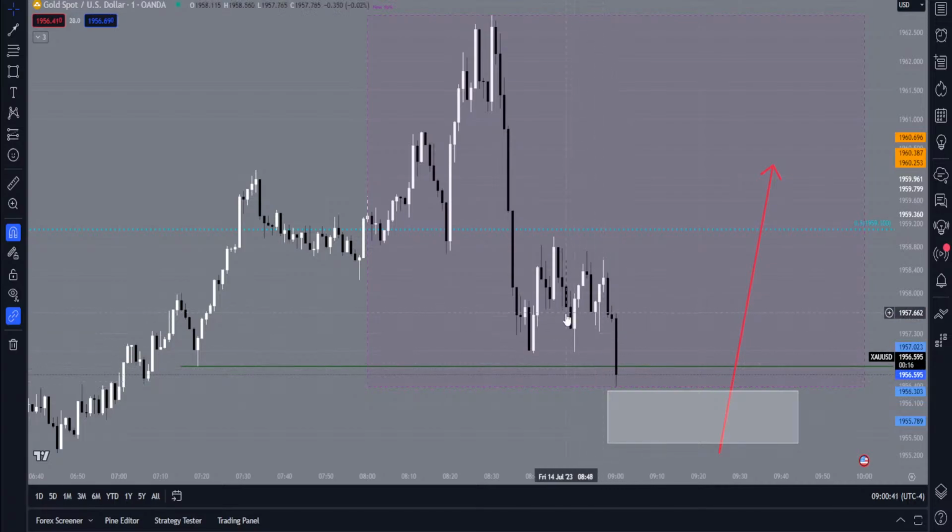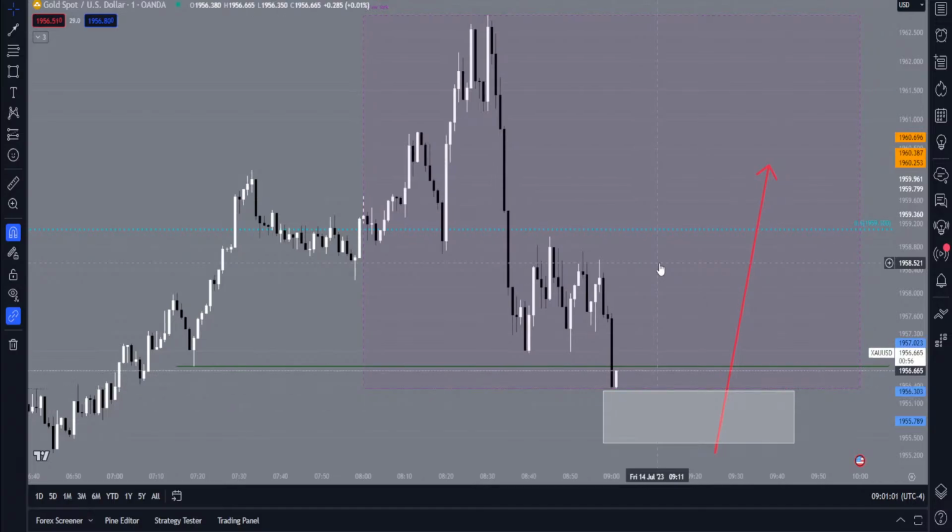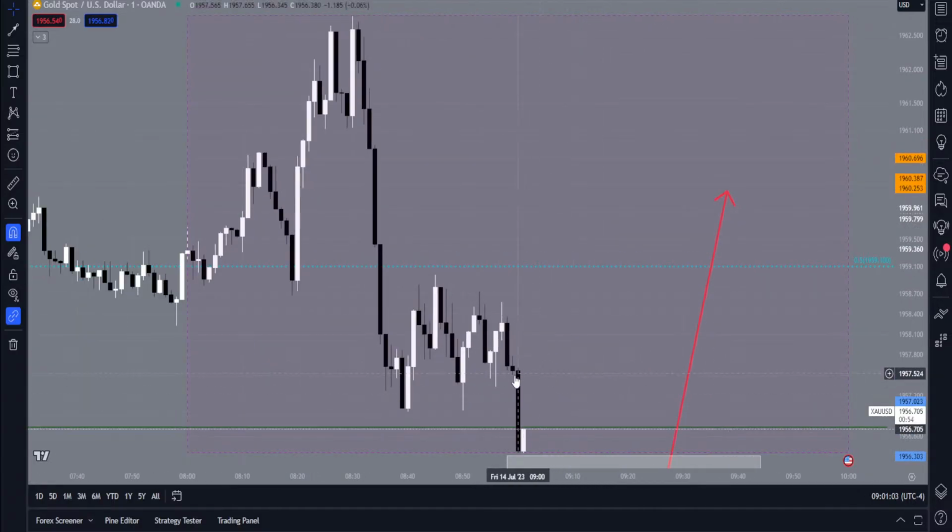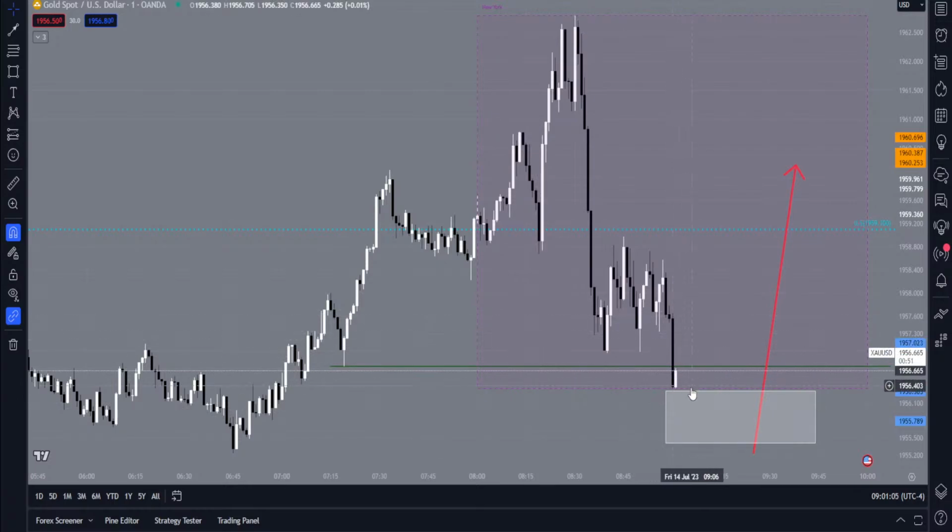Now, once it closes below here, all we need is an engulfing, and we're good. Alright, so it's closed. Now, if we get an engulfing, it doesn't matter if it's this one, whatever the next engulfing is that's bullish, we're going to take this trade to go higher for a 2-hour trade.